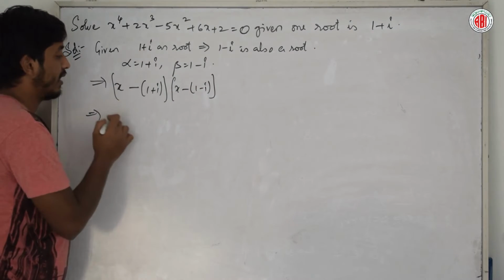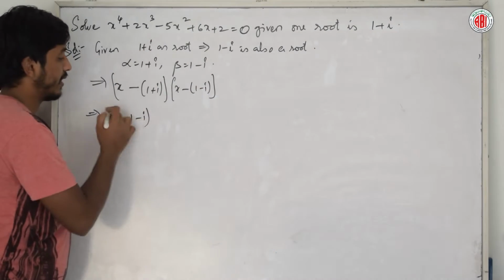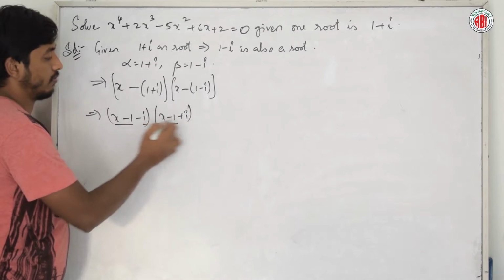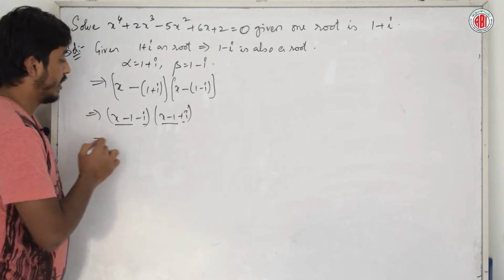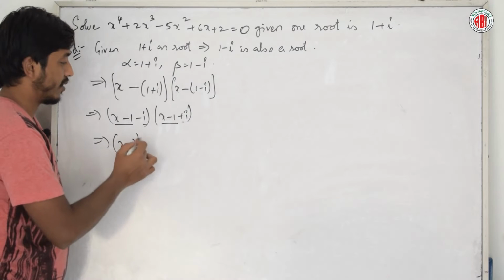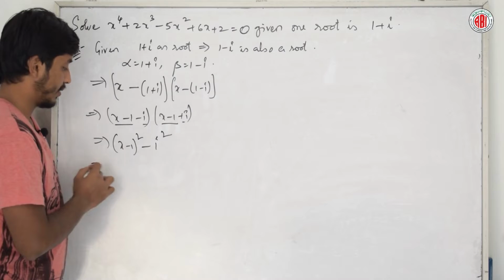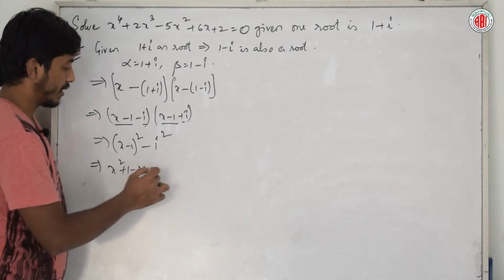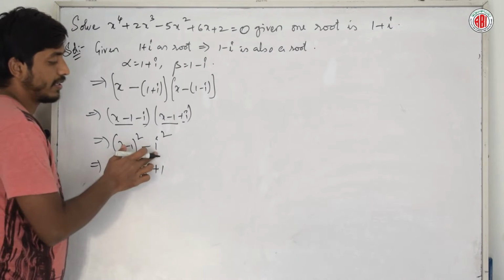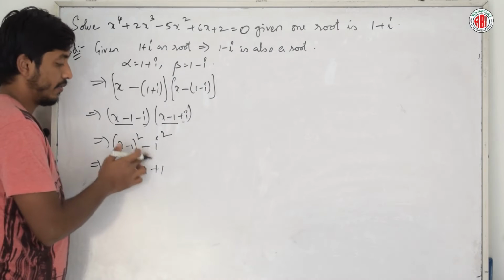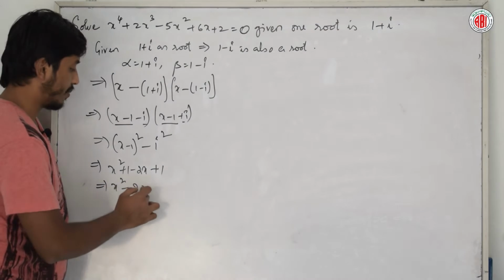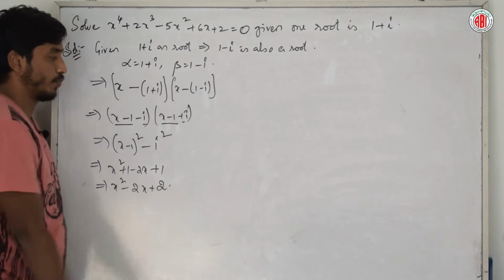Now this is a plus b into a minus b, which becomes x minus 1 whole square minus i square. Just simplify this: x square plus 1 minus 2x, plus 1, because i square itself is minus 1, which becomes plus 1. Therefore the equation is x square minus 2x plus 2.